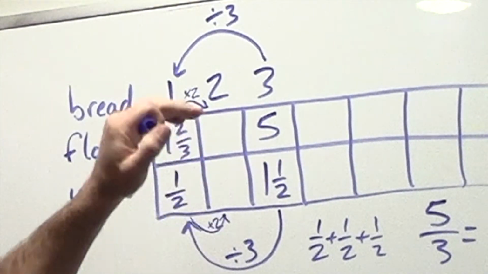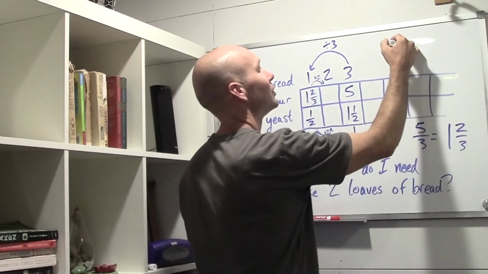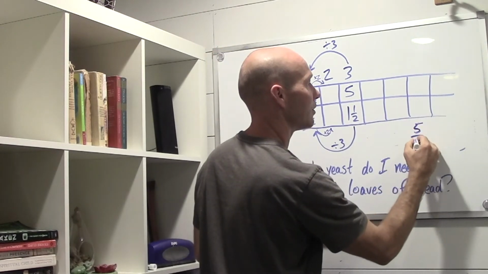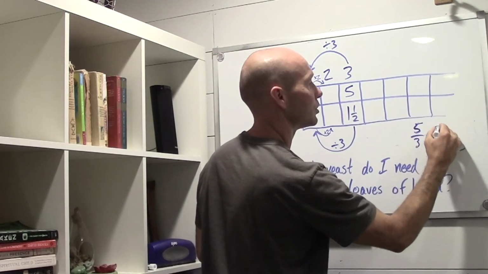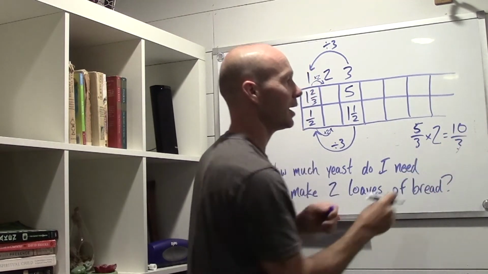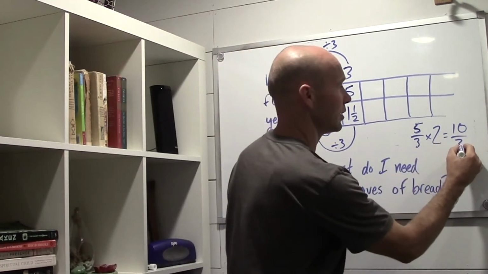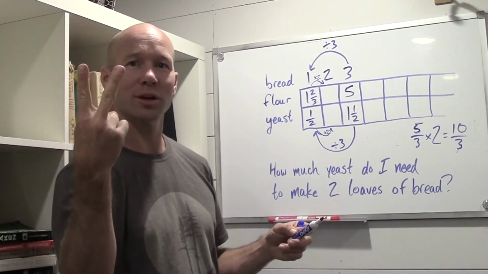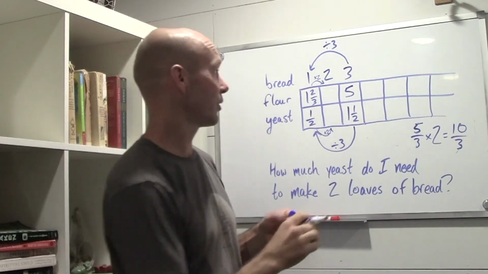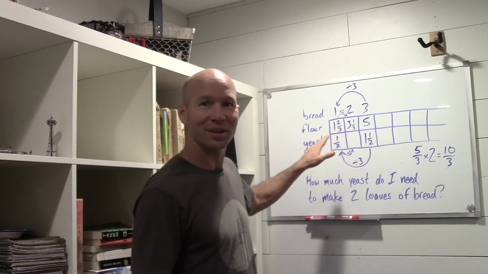So 1 2/3 times 2 is the same as, again, 5/3. And 5/3 times 2 equals 10/3. And 10/3 is 3/3, and 3/3, and 3/3, that's 9, and then 1/3 left over. So I have 3 1/3 cups of flour.